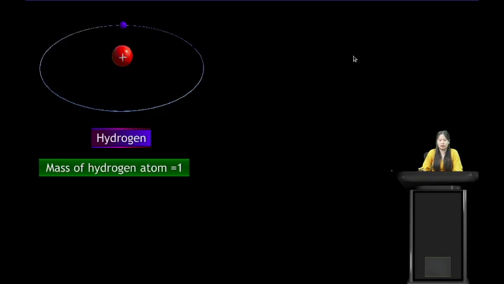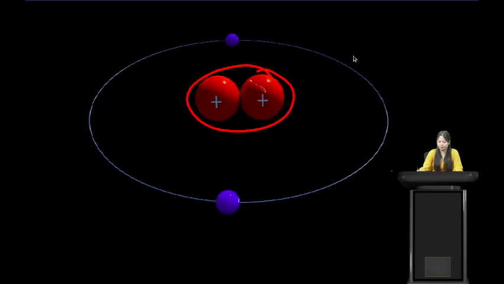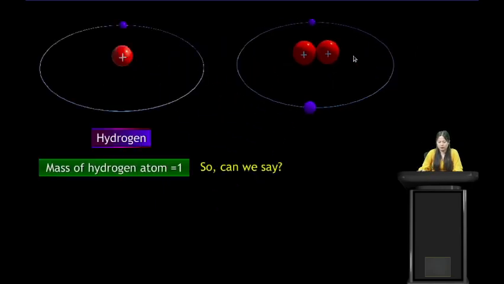So the mass of a hydrogen atom is equal to 1 because it has one proton. Here we have the structure of a helium atom. In a helium atom we have two protons in the nucleus. So in one case we have one proton, in the other we have two.